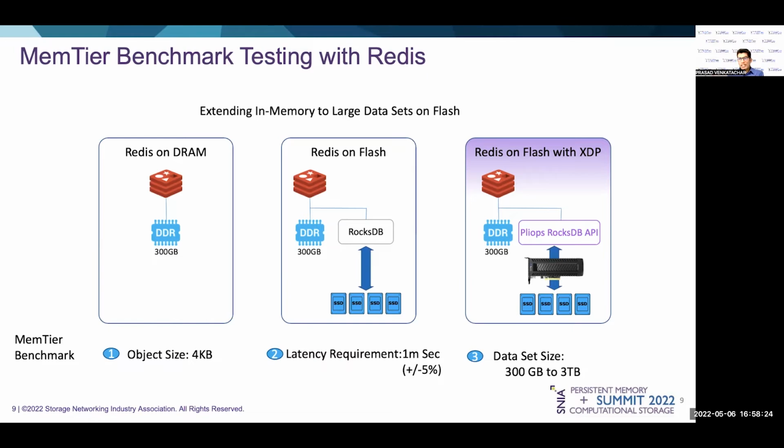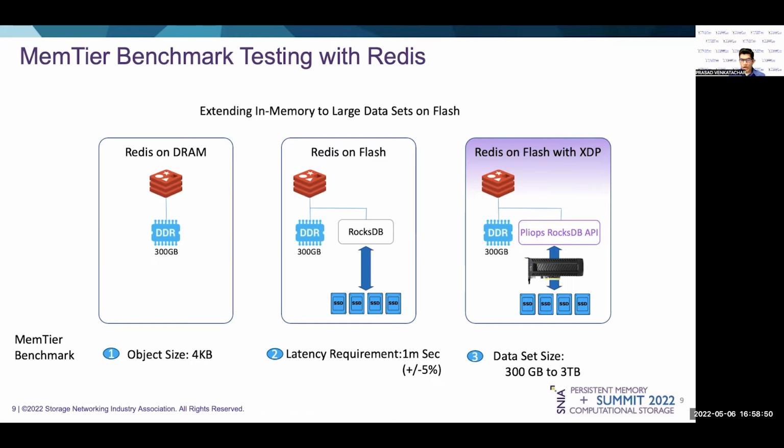And the far right is Redis on Flash with XDP. Here, instead of RocksDB, we have the Pliops RocksDB API, which is 100% RocksDB API compliant. This takes care of taking all the data from Redis and writing it into the SSD. This was customized to suit one of the customer requirements.